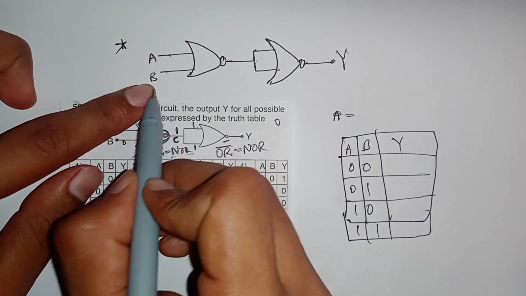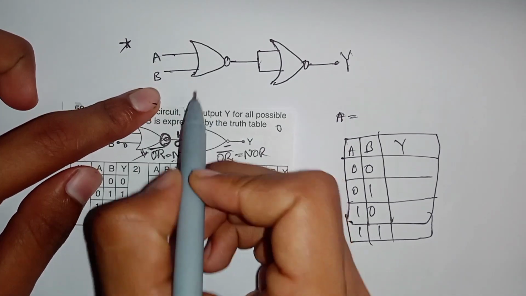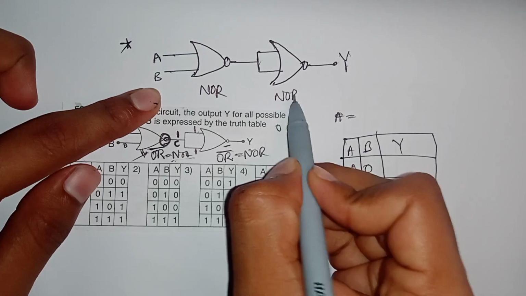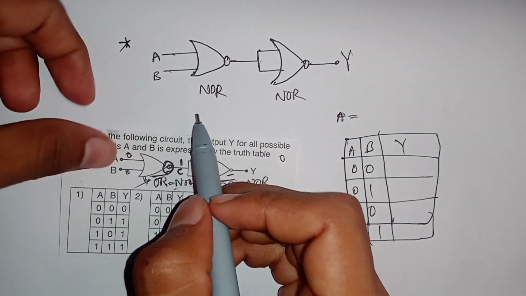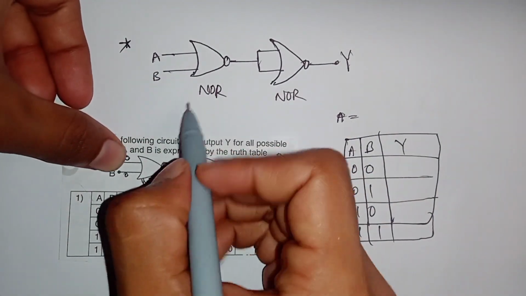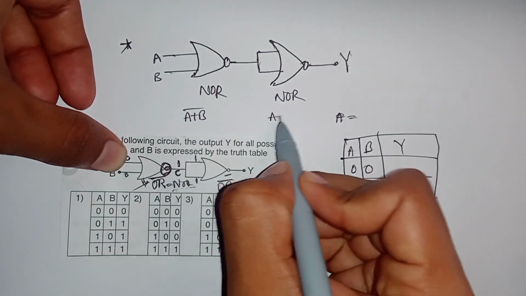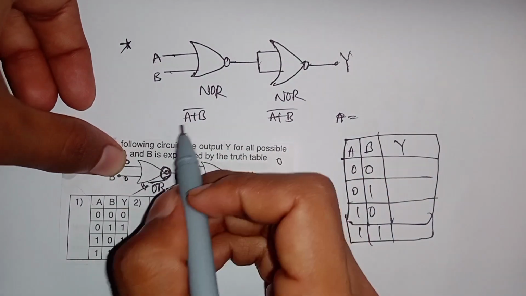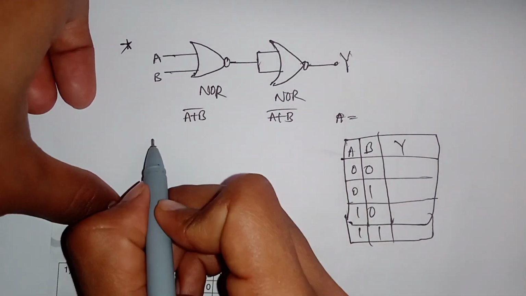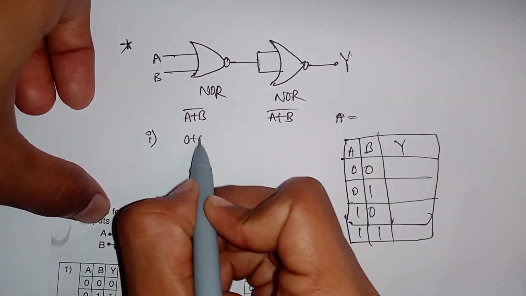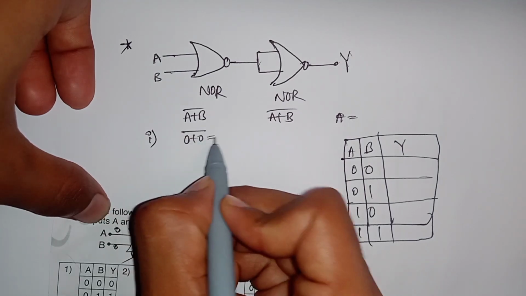See here, this is a NOR gate. For the NOR gate, the expression will be A plus B whole bar. If you put 0 0, I will explain. 0 plus 0 is 0, and the inverse will be 1.